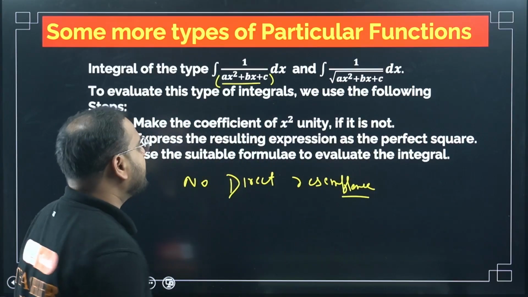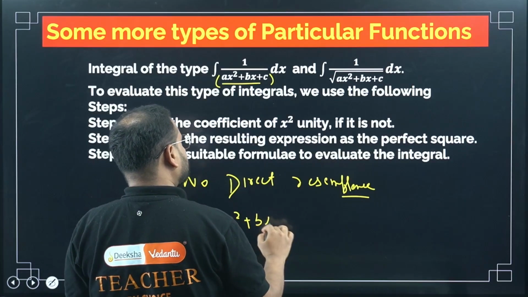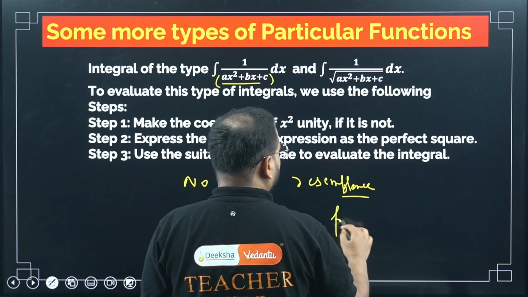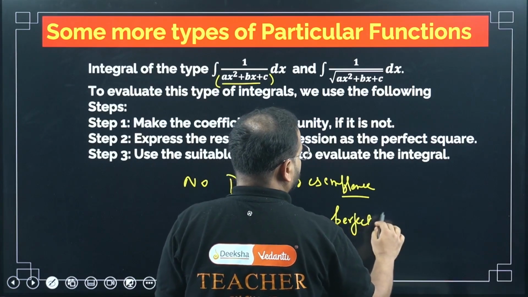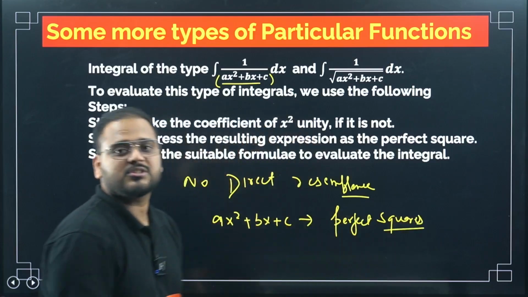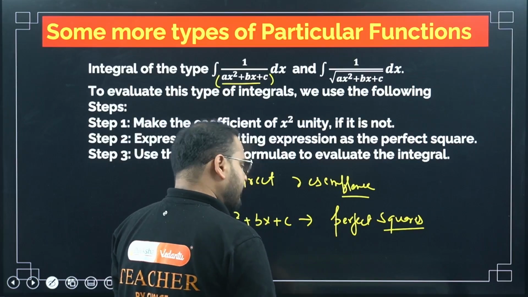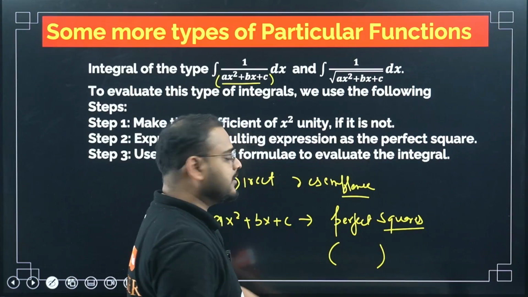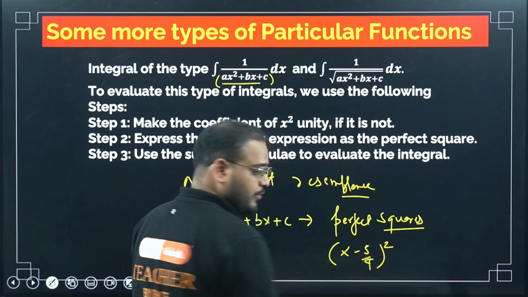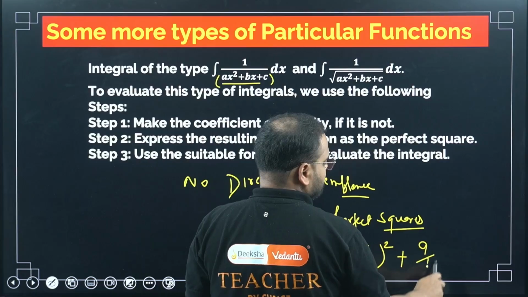What we're going to do is take this expression ax square plus bx plus c and convert it into perfect squares. I'll show you how, don't worry. Once you convert into a perfect square, you'll have something like x minus 5 by 4 the whole square, and then a constant term, let's say 9 by 16.